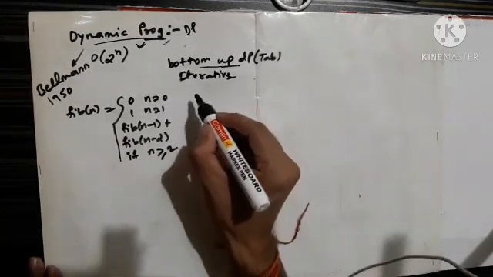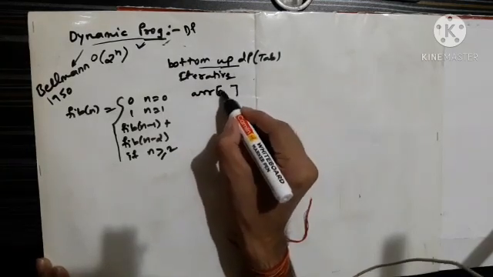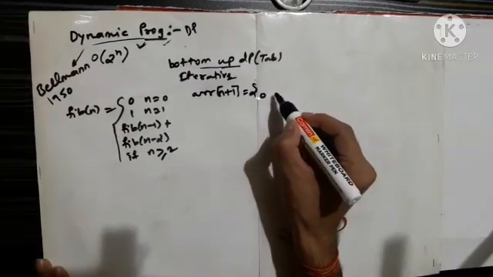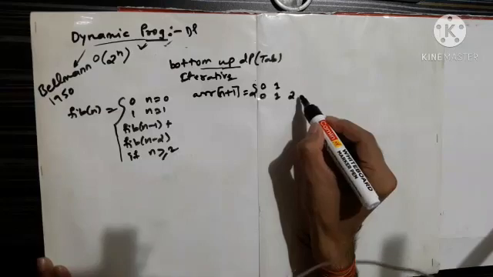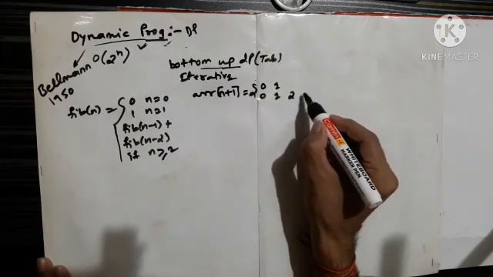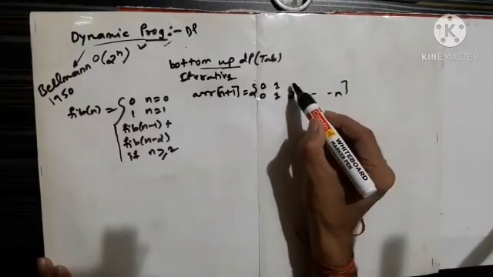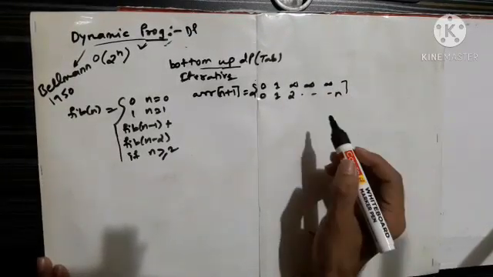So in this iterative solution we will maintain an array of n plus 1 elements, and at 0th index and 1 index I will fill 0 and 1, and from 2 onwards we will fill all infinity.